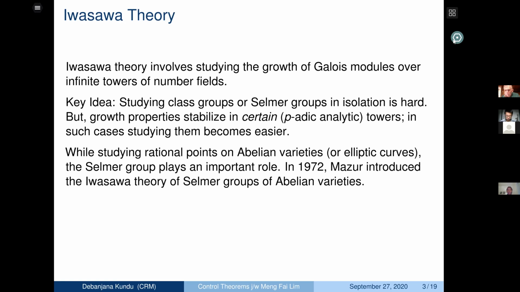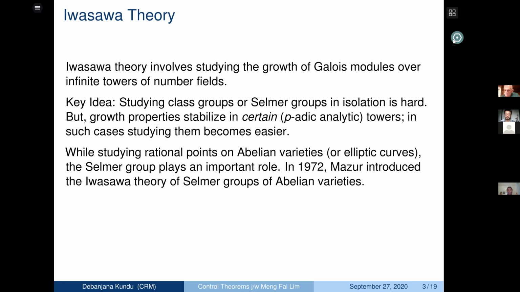He introduced what's called the Iwasawa theory of Selmer groups of abelian varieties. But what he noticed was that even though the class group growth studied by Iwasawa was similar to the Selmer group growth of abelian varieties, there were some very key differences.